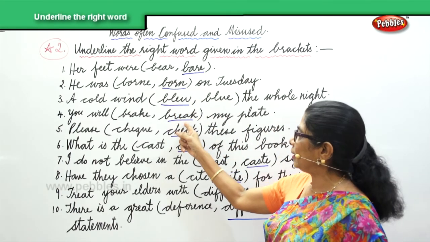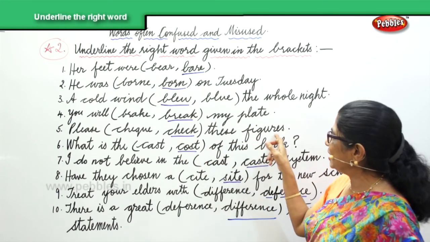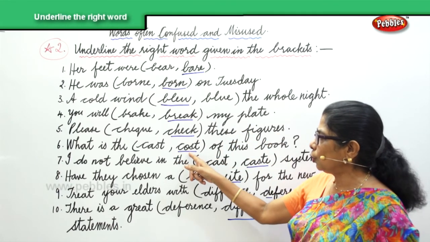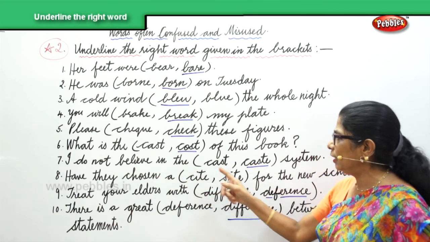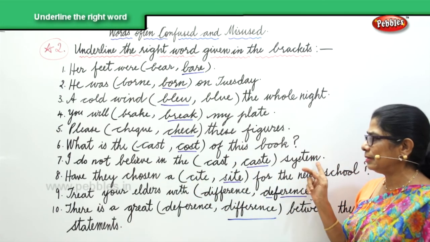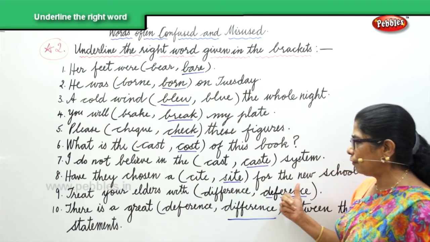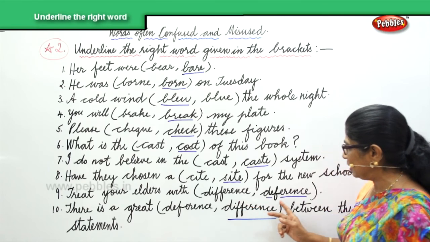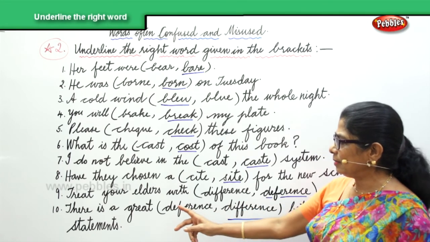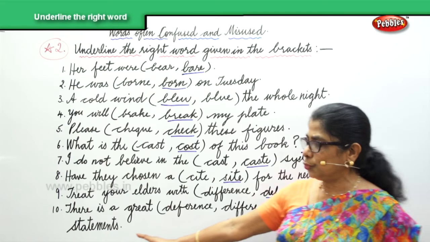You will break my plate. Please check these figures. What is the cost of this book? I do not believe in the caste system. Have they chosen a site for the new school? Treat your elders with deference. There is a great difference between these two statements.